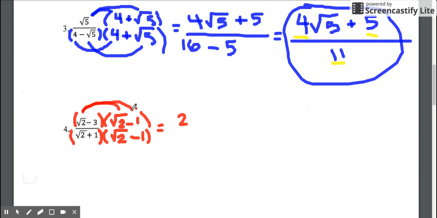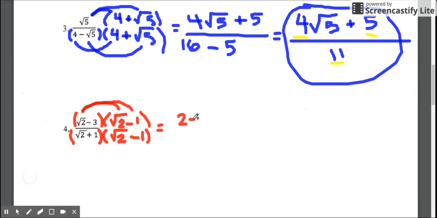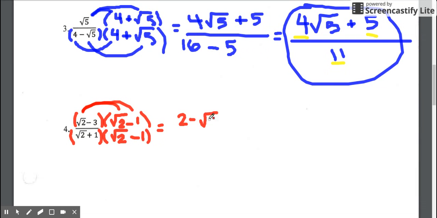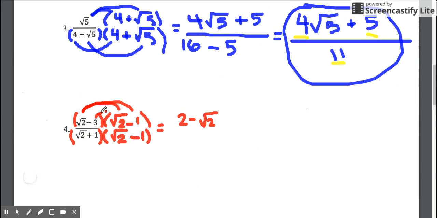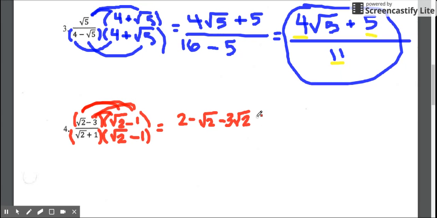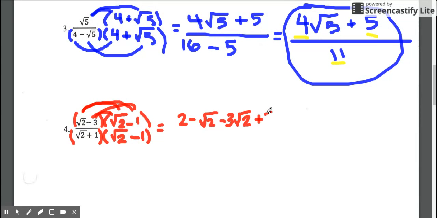The outer root 2 times negative 1 is negative root 2. Inner, negative 3 times root 2 is negative 3 root 2. And last, we have negative 3 times negative 1, which is a negative times negative, positive 3.